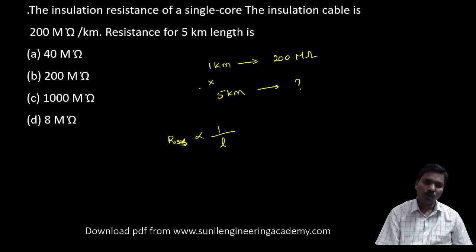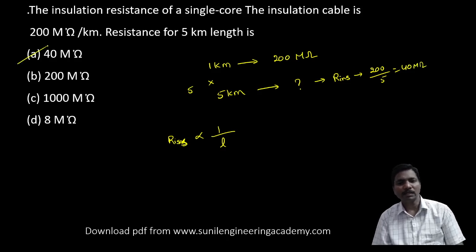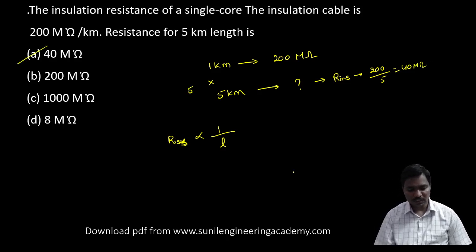So length increases 5 times, so resistance decreases by 5 times. 200 by 5 is equal to 40 mega ohms. As length increases, insulation resistance decreases. So the answer is 40 mega ohms.